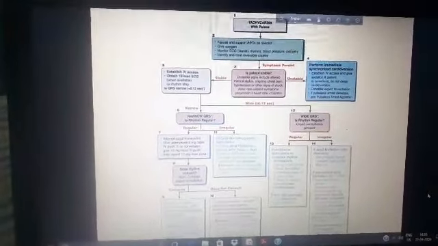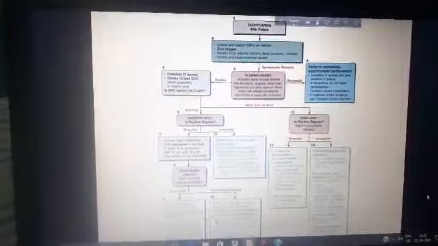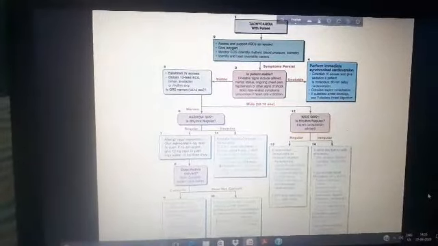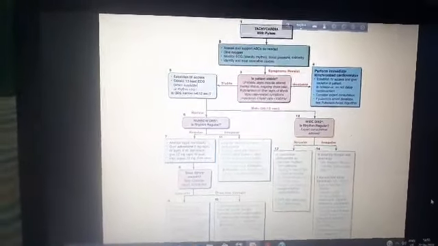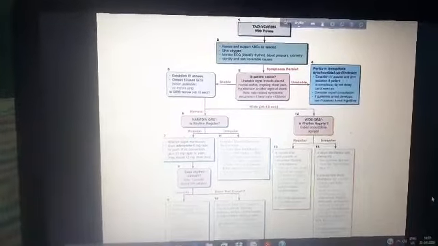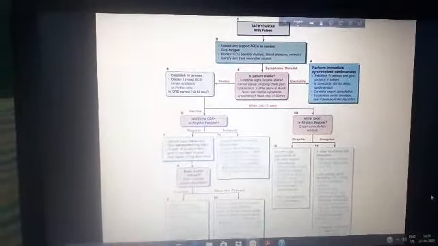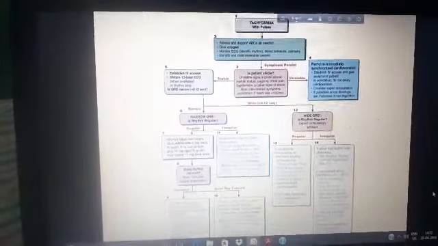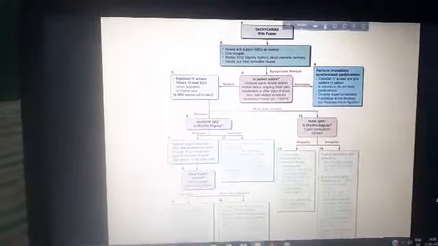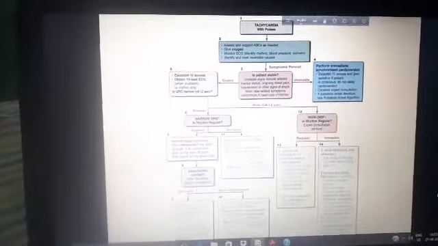If it is regular and narrow complex, then it is a supraventricular tachycardia. And if the rhythm is irregular and it is narrow complex, narrow QRS, then it is atrial fibrillation. So irregular narrow complex tachycardia is atrial fibrillation or atrial flutter; fibrillation is more irregular.